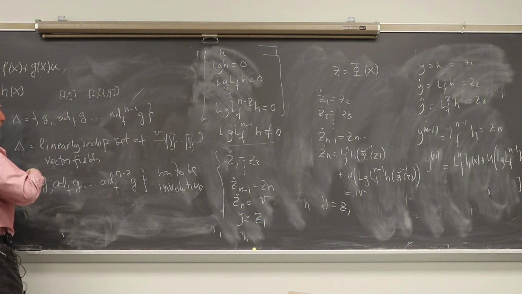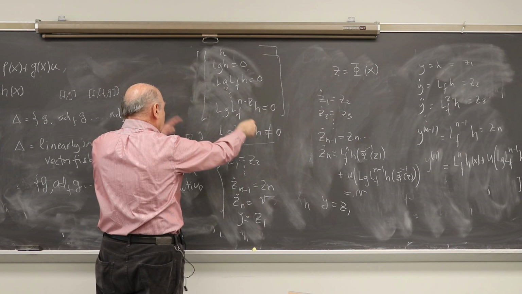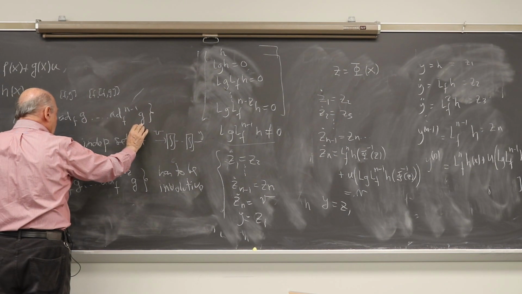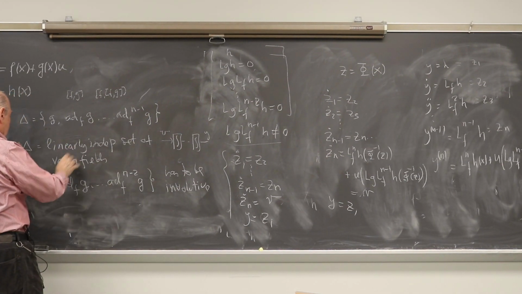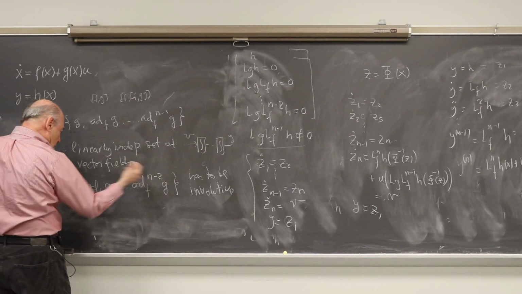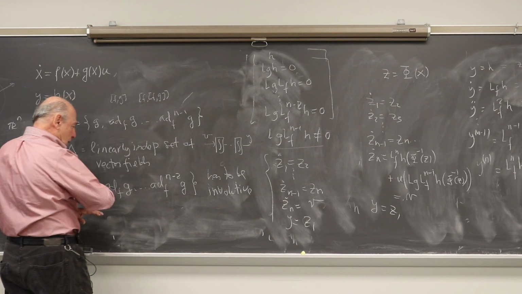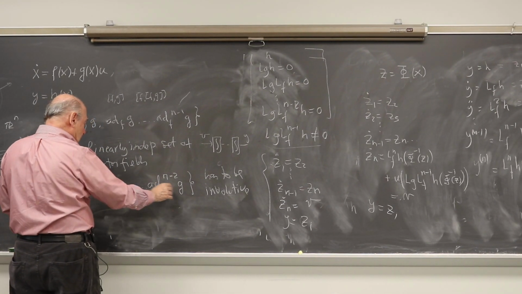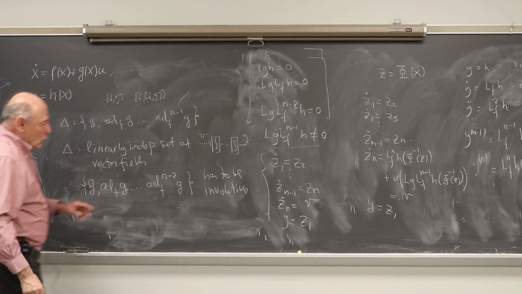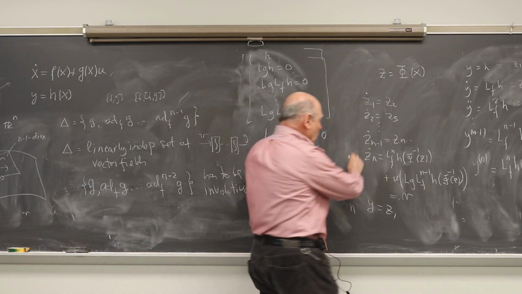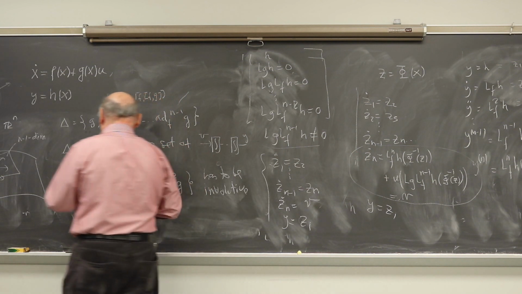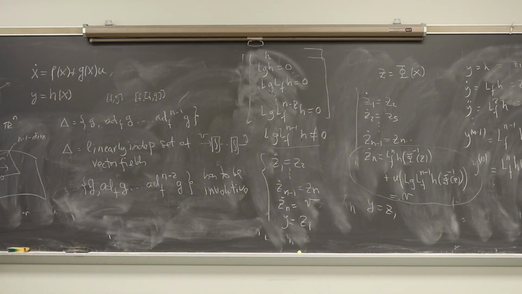That means that I can find a solution to a linear partial differential equation for H, and that solution geometrically implies that this has to be linearly independent, and that this reduced set of vector fields, reducing one dimension, clearly tells you that there is a surface integrating all these n minus 1 vectors, so that you have one dimension free to bring in all the nonlinearities of the system to the last equation. And the rest is just a linear chain of integrators. This is the geometry of feedback linearization.